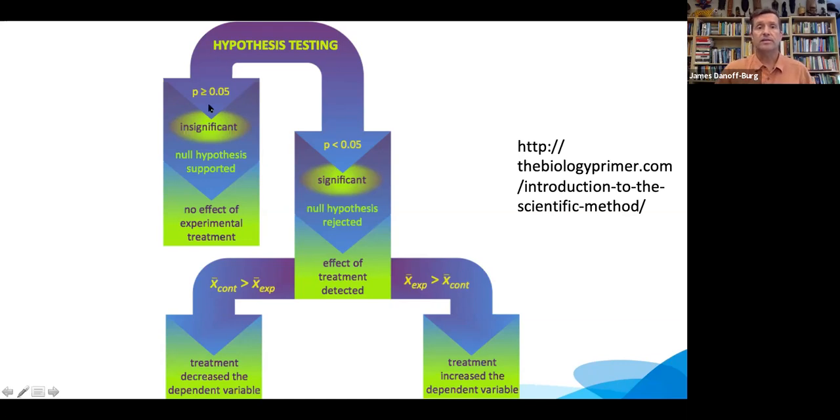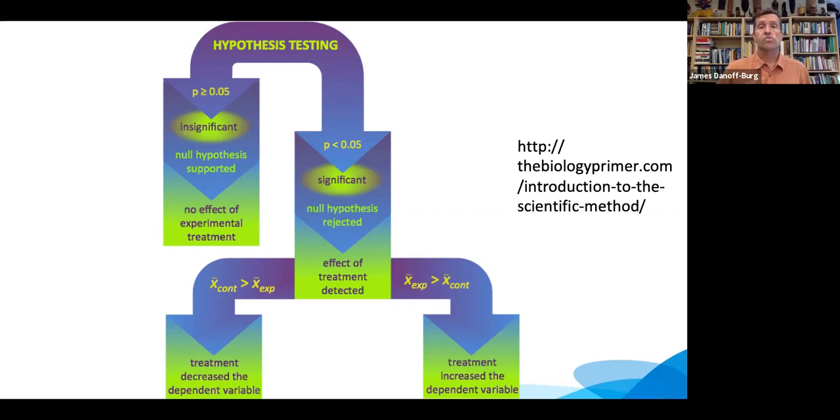If the p is less than 0.05, we say that it is significant, and we say that the null hypothesis is rejected. And if we did a treatment, we say that there is an effect of the treatment detected, as it says on this part here, or that there is a difference between two groups, male versus female, rural people versus urban people, people with permanent crowns, people without permanent crowns.